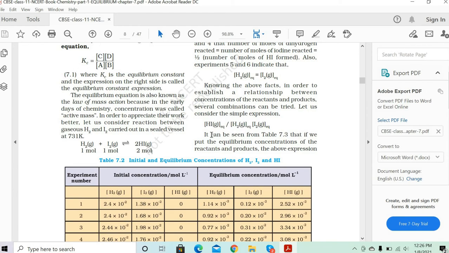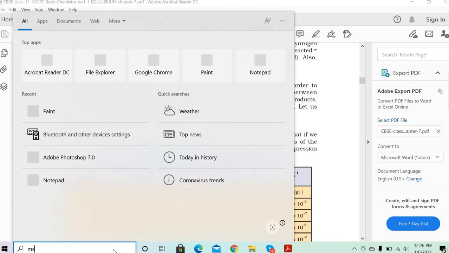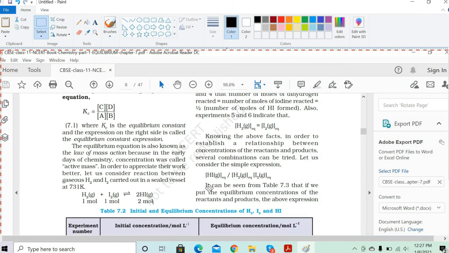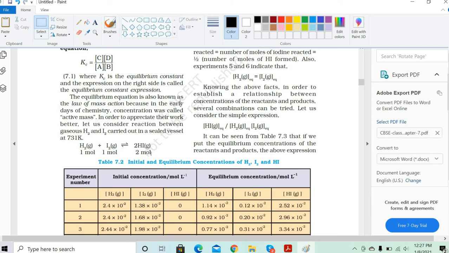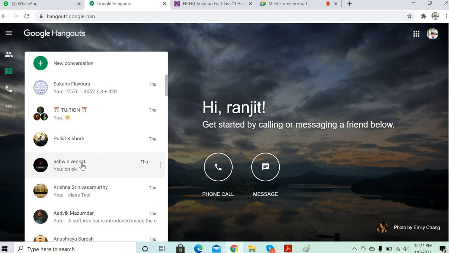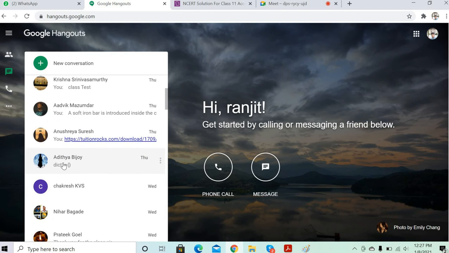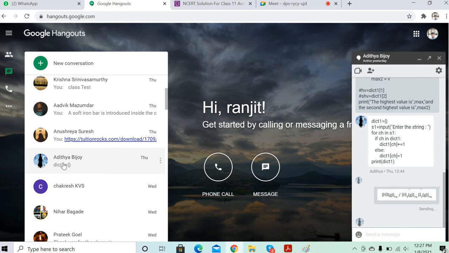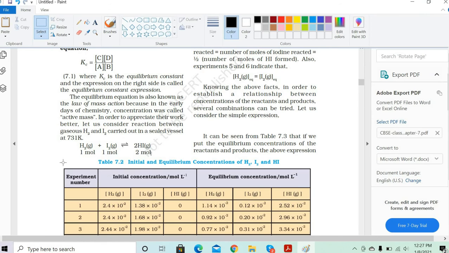The simple expression can be written as the concentration of HI squared, divided by the concentration of H2 gas into the concentration of I2 gas. Is it clear? Okay. Anything not clear, you can let me know. Clear?